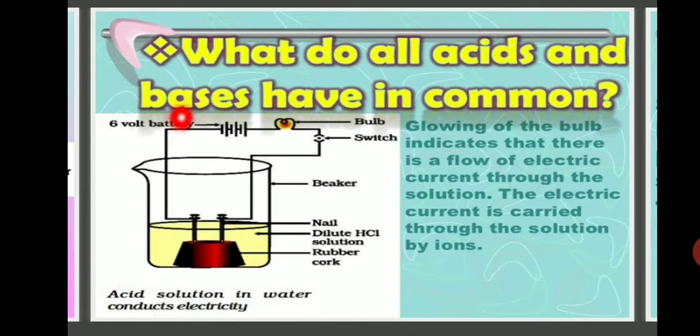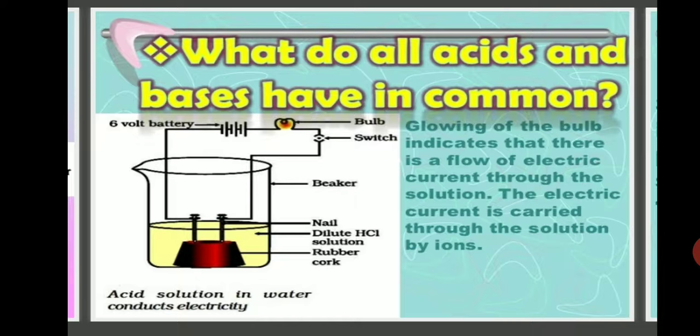It produces ions. As the current is carried by the movement of ions, this shows that the solution of hydrochloric acid has ionized to what? Hydrogen ion and chloride ion. HCl acid is separated out as positively charged ion and negatively charged ion. Because of this separation, we found a glow in the bulb.